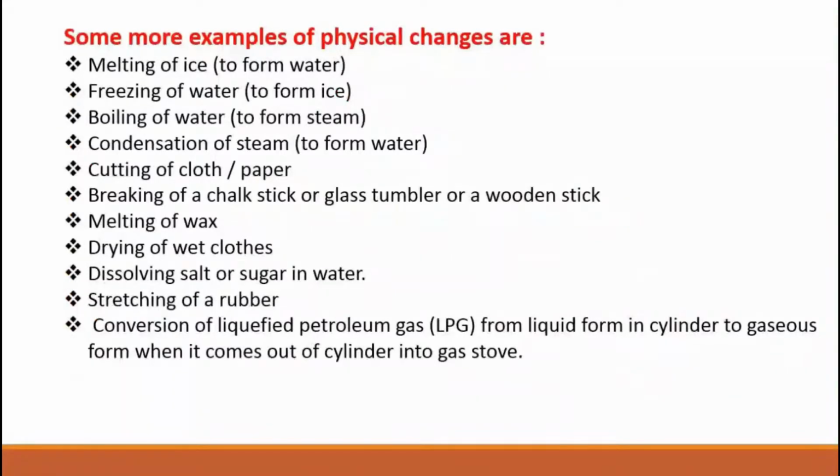Now let's see some examples of physical change. See, melting of ice to form water, freezing of water means to form ice, boiling of water to form steam, condensation of steam means to form water again, then cutting of clothes or a paper, breaking of a glass stick, chalk stick or a glass tumbler or a wooden stick, melting of wax, drying of wet clothes, dissolving salt or a sugar in a water, stretching of a rubber, and conversion of a liquefied petroleum gas from a liquid form in a cylinder to a gaseous form when it comes out of the cylinder into gas stove.